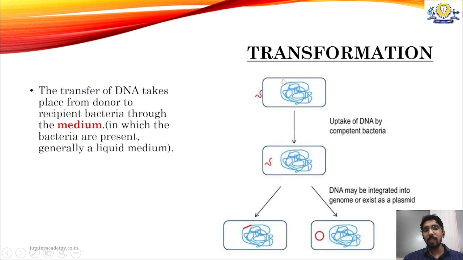If the cell is ready, we call this a competent cell. If the cell is competent enough, it takes in the foreign DNA and either incorporates it into the genomic DNA or lets it exist in the bacterial cell as a plasmid.